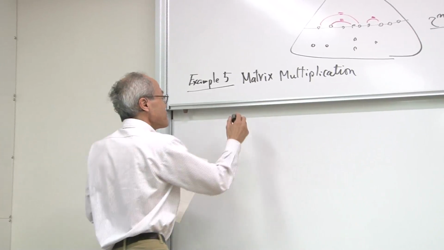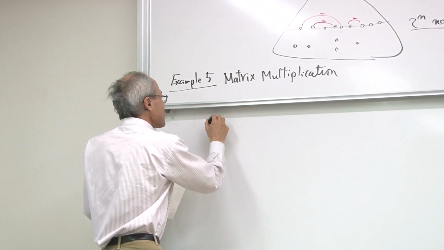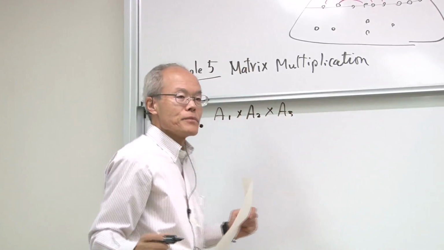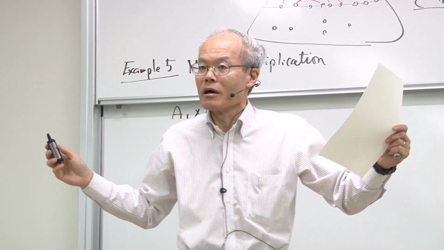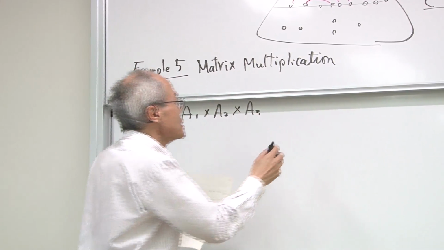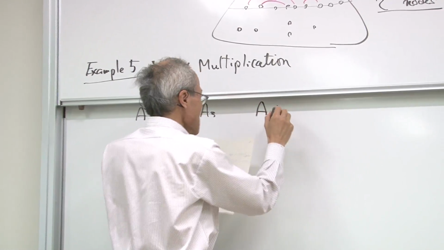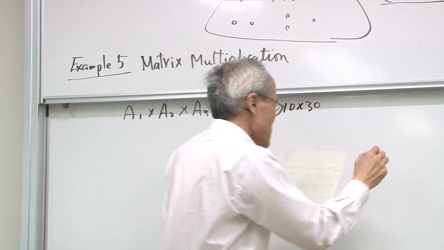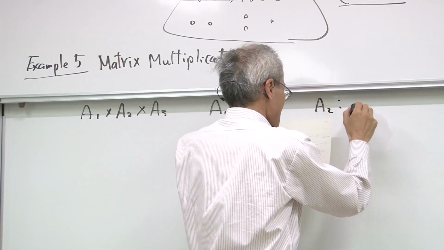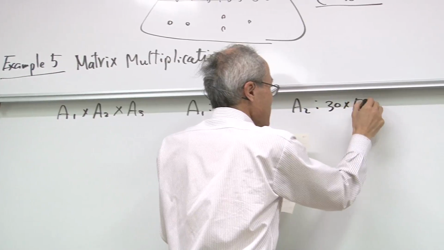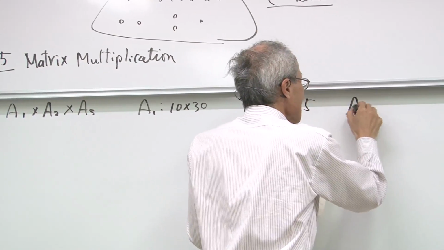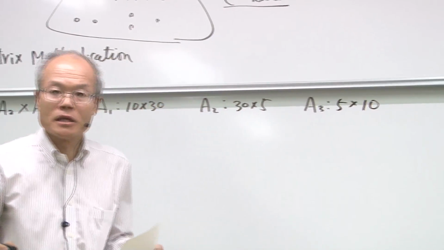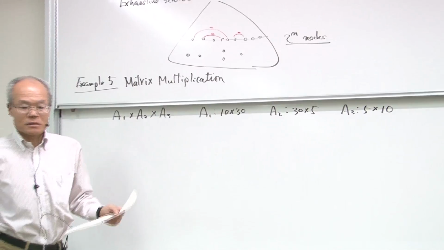We are given, for example, 3 matrices, A1, A2, A3, and we'd like to multiply all 3 matrices. A1 has a size of 10 by 30, A2 is 30 by 5, and A3 is 5 by 10. This is the size of the matrices.